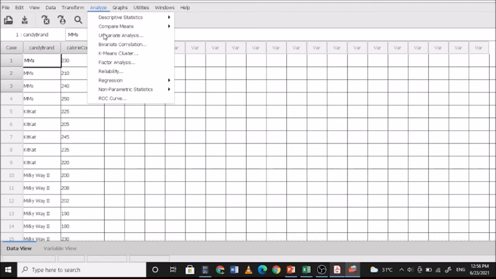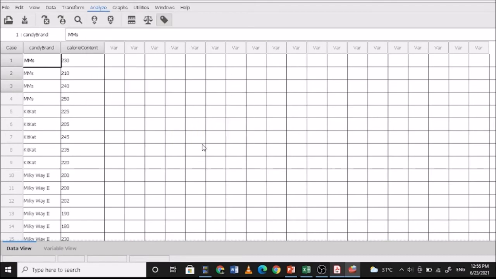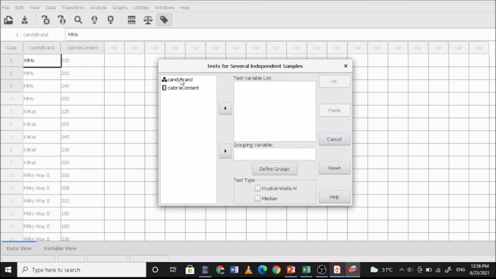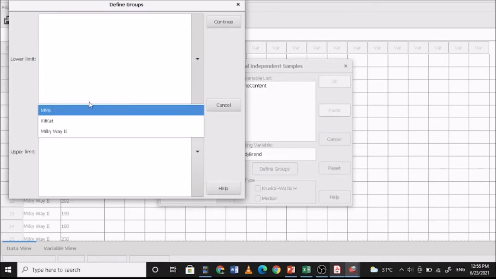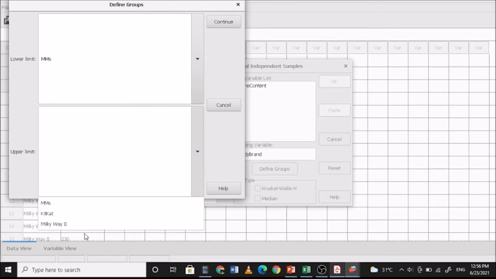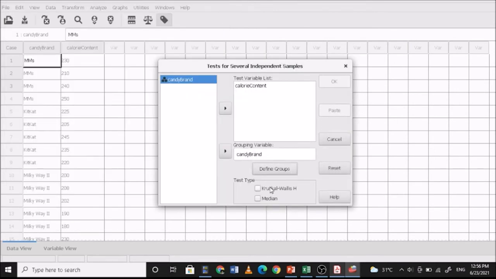Then analyze, non-parametric test, K independent samples. Our test variable will be the calorie content and our grouping variable will be your candy brand. You define groups with the lower limit as M&M's and the upper limit as Milky Way 2. Since this is the Kruskal-Wallis H test, you click Kruskal-Wallis H, and then click OK.